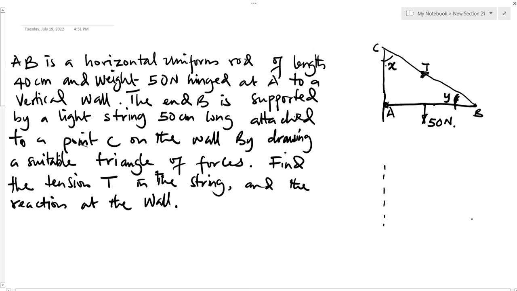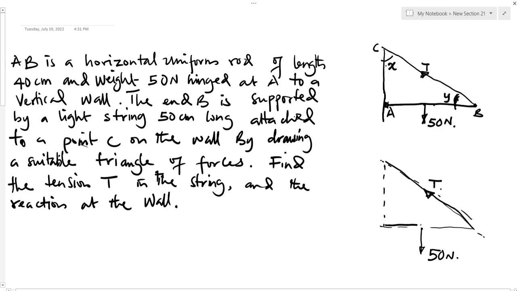You have the tension. This is the tension. This is the rod. Now, you have the weight of the rod here, which is 50 Newton. Now, this is the tension of this tiny string.